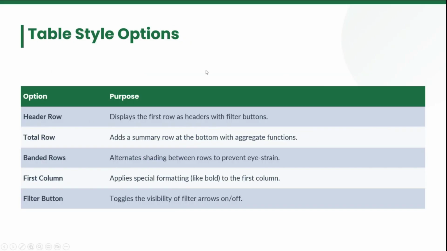Okay, so these are just some of the table style options. So header rows, which I've been speaking about. What's the purpose of a header row? It displays the first row as headers with filter buttons. So that's where you can filter your data as well. We also have another row called total row, which adds a summary row at the bottom with aggregated functions.